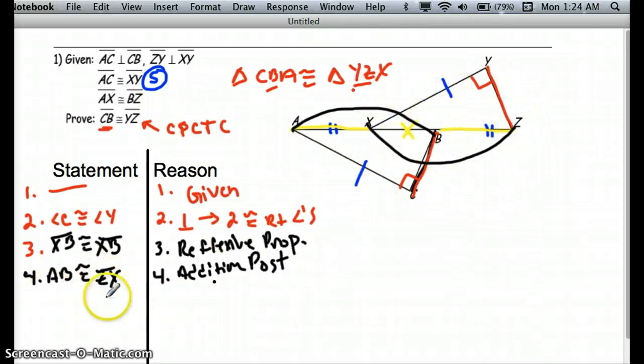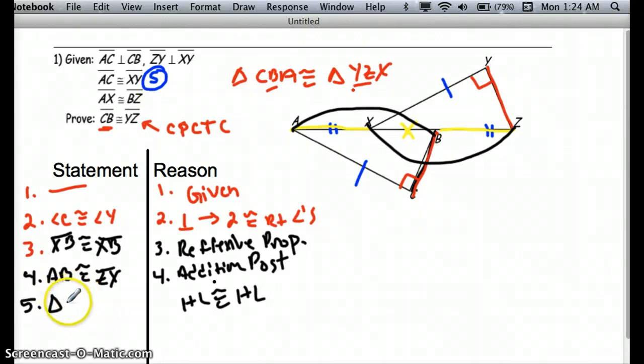So that is hypotenuse leg congruent to hypotenuse leg. So the statement is that two triangles are congruent. The triangle CBA is congruent to triangle YZX. And there's your reason.